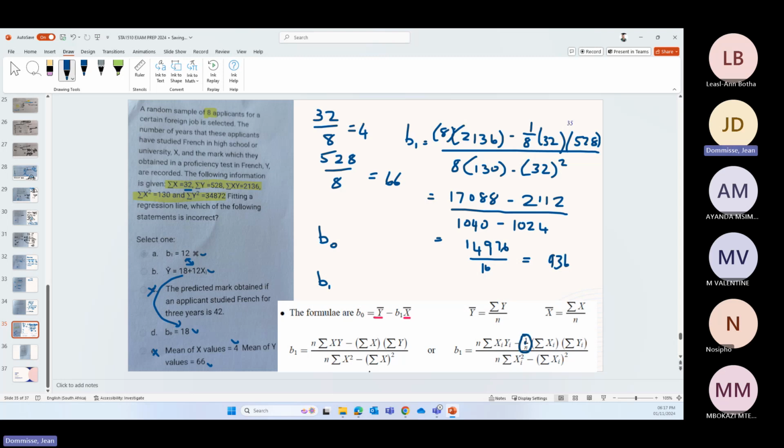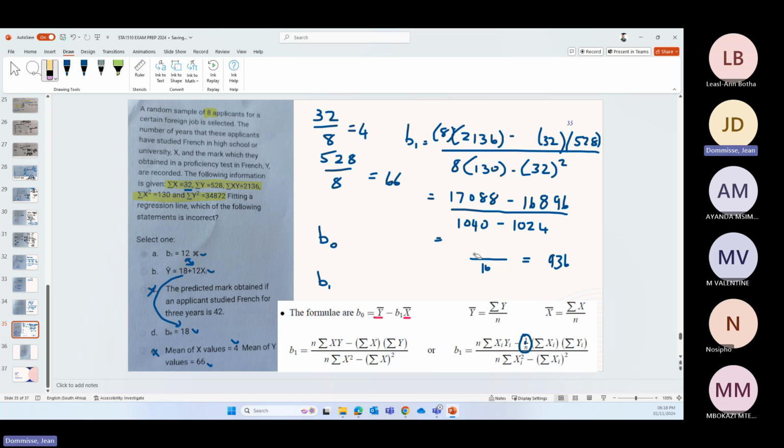I'm now worried that one has it in and not this one. So let's just say that should not be there. So 32 times 528 gives me 16896. So this looks much better.